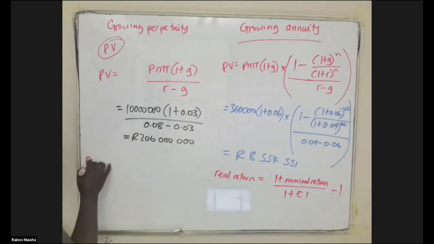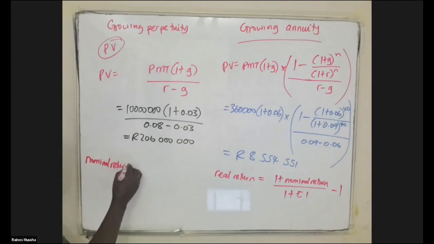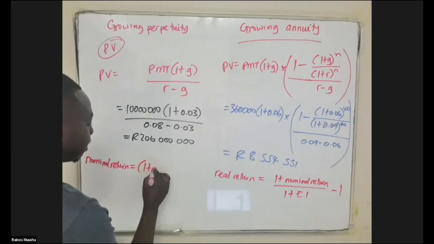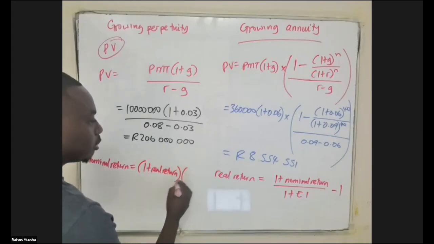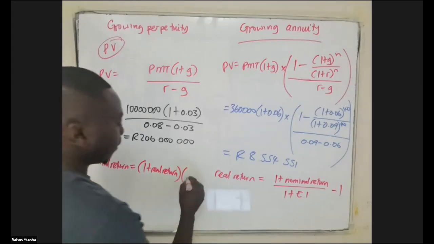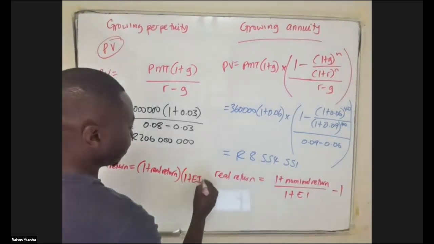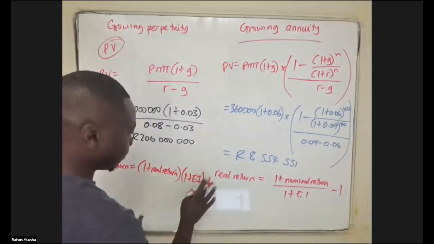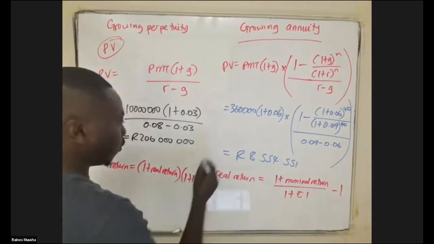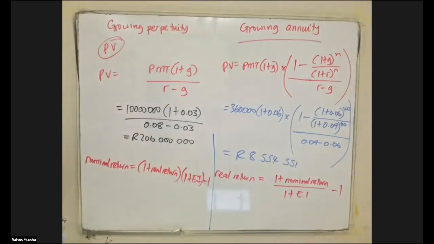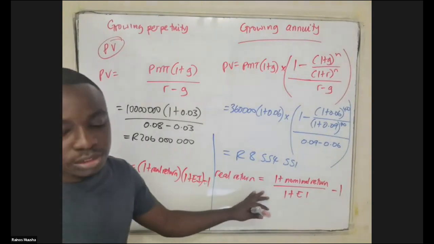Your nominal return can also be given as 1 plus the real return, multiplied by 1 plus expected inflation, minus 1. So please take note of these two different formulas: the formula for calculating the nominal return and the formula for calculating the real return.